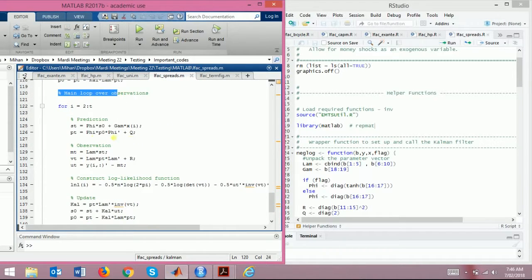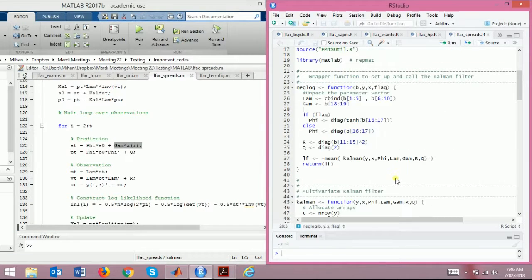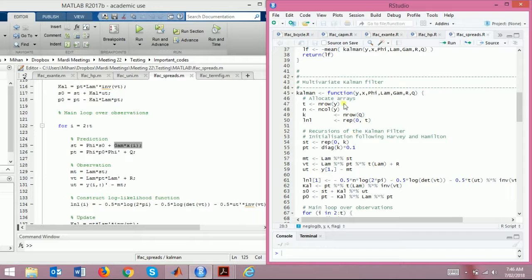Then we do the main loop, which goes from 2 to T. So we start prediction: we improve our S11 with phi S0 plus gamma xi. As we know, gamma xi is coming from the exogenous portion. This is again coming from the exogenous equation, and something we need to remember, we can't forget, because we have an exogenous expansion to this model, which is gamma.